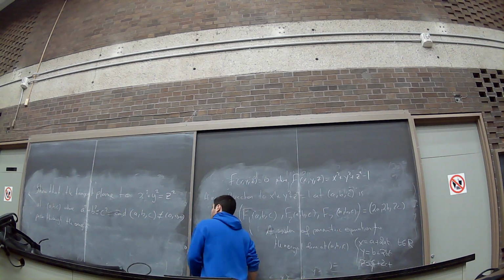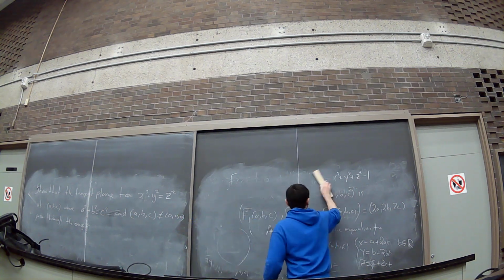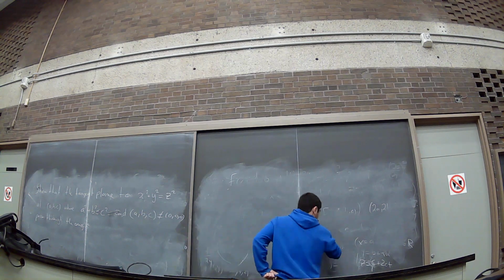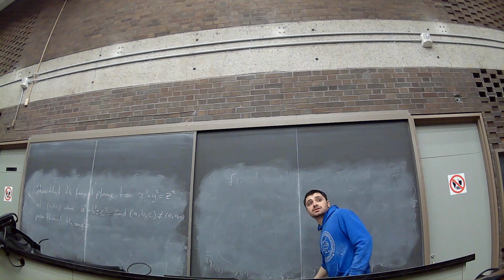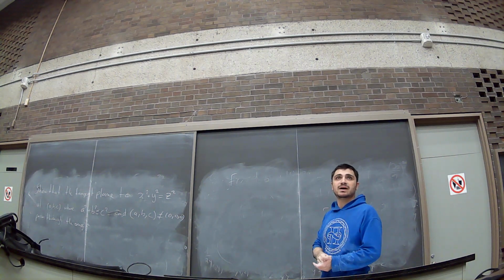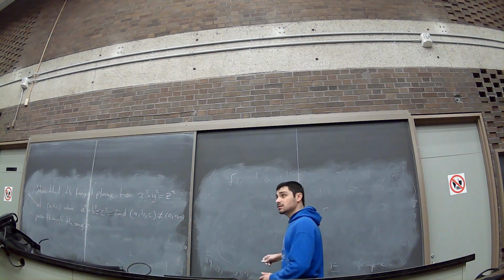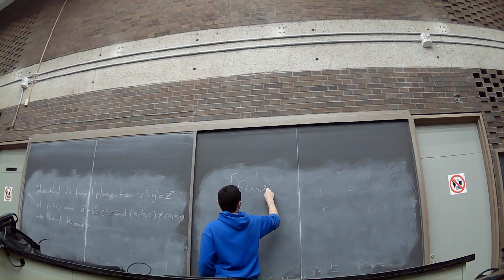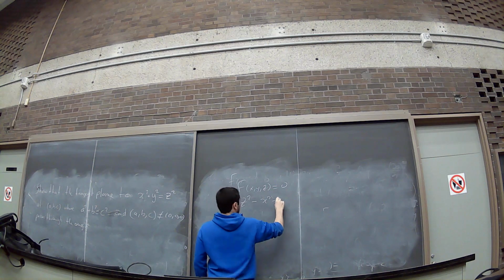So how can I write my surface? In terms of f(x, y, z) is equal to 0. What is my f(x, y, z)? Thank you. z squared minus x squared minus y squared.